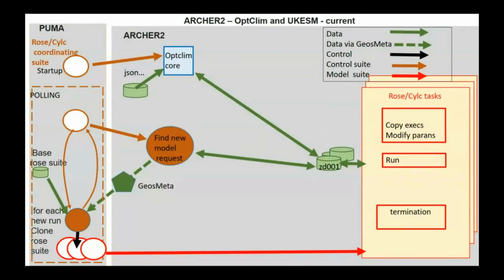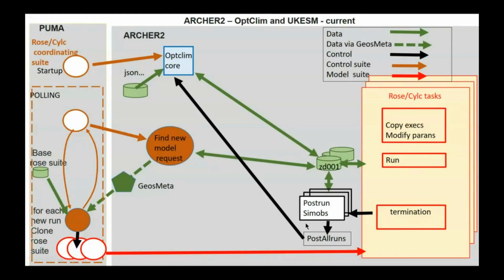Then the model runs, and the termination is recognized, and then the usual OPTCLIM array of tasks, or task in an array job, runs for each model, and OPTCLIM runs again.